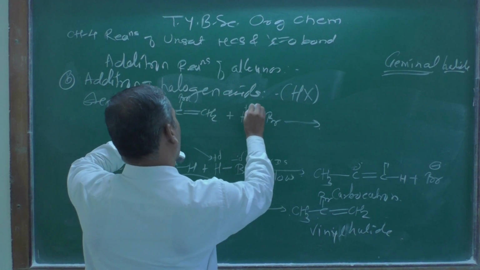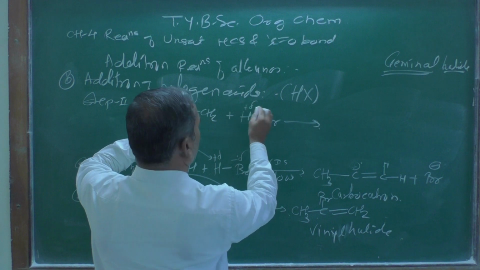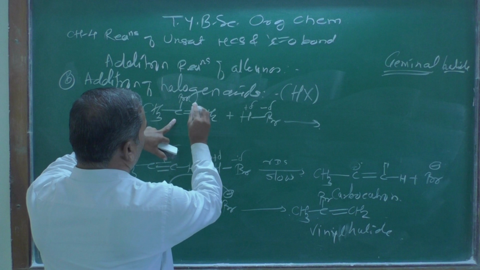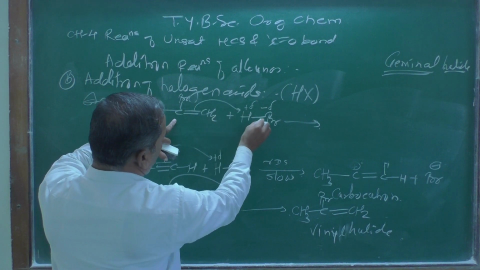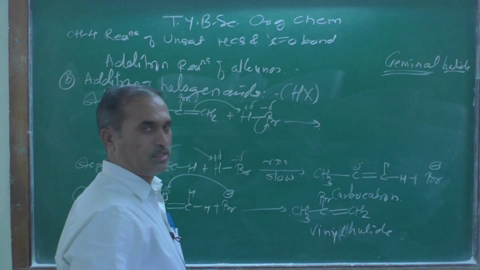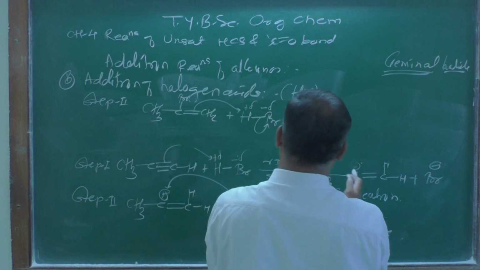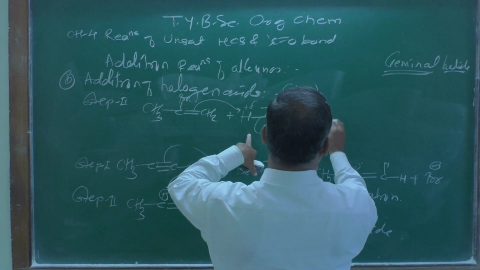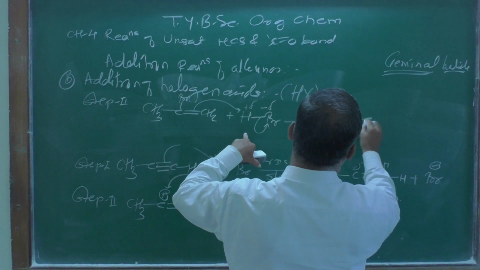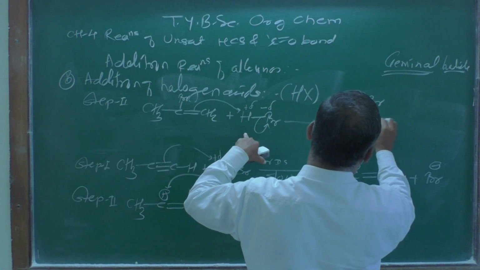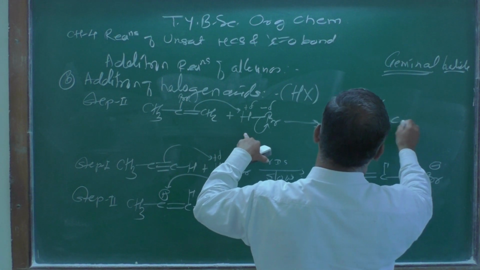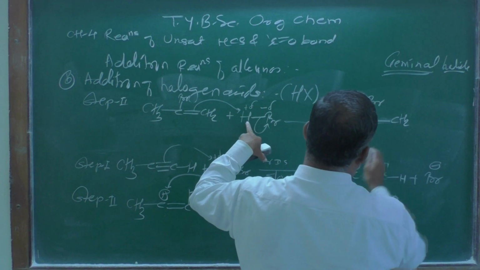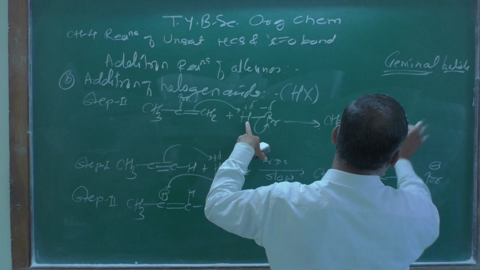As we know, hydrogen gets partial positive charge and bromine gets partial negative charge. This double bond moves like this, and there is heterolytic bond breaking here, and we are going to get here CH3, then C, Br, and Br minus, and then this CH2 already there, and one H from here becomes CH3.